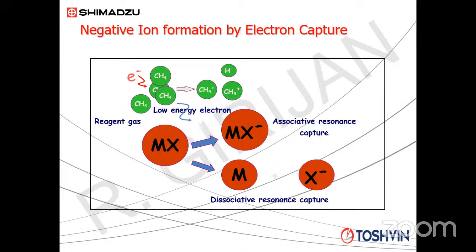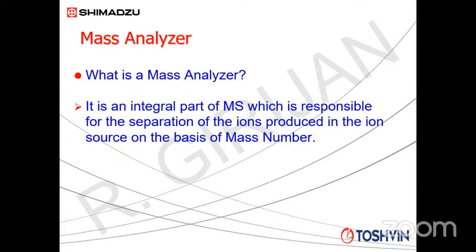So even if an electrophilic compound is present at an extremely trace level, it will form a negative ion by capturing some electrons, and these negative ions will be collected by the system.